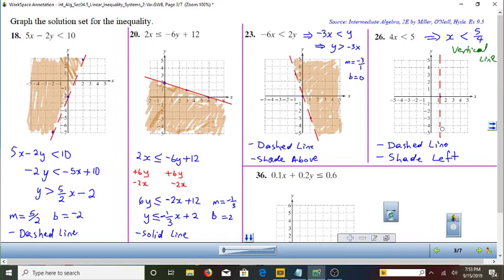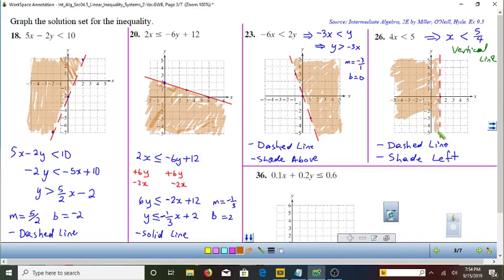It ends up being dashed, and then since it's x is less than, we shade to the left. And that's how we do that.